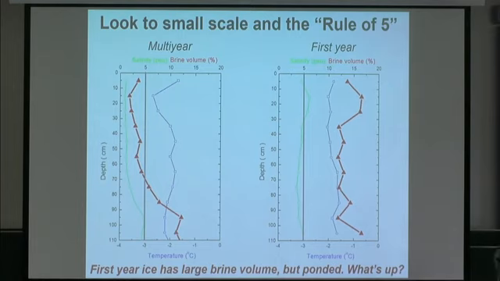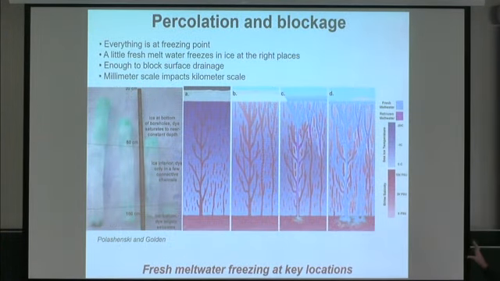Well, again, to understand what's going on, you have to go down several scales and look in detail at the ice. And this is some work that Ken and Chris Polashensky did just a couple summers ago, to look at what's going on in the ice in these ponds. And so what happens, it's first-year ice. We do have a large brine volume. We have meltwater from snow.